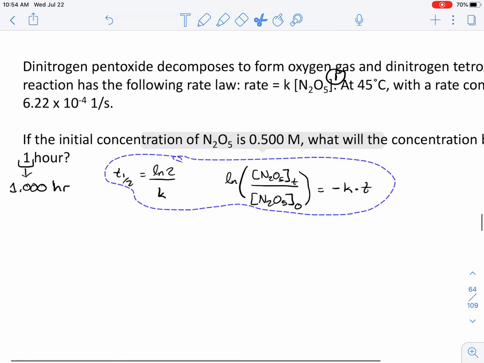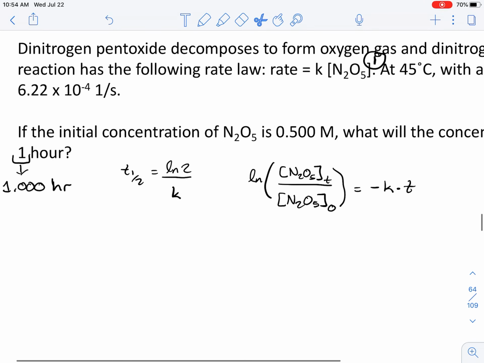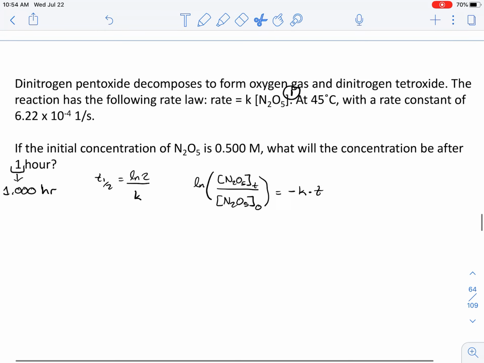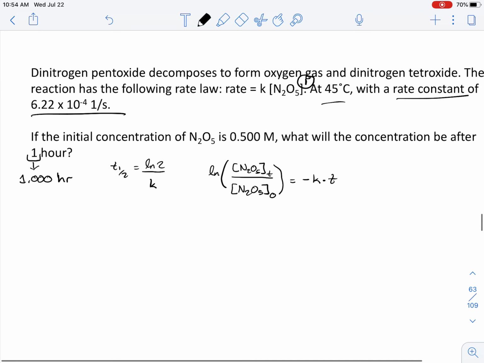Okay. So now that the equations for first order are written down, I'm going to go ahead and list out all the given values. And so at 45 degrees Celsius, the rate constant is this value. So in this particular problem, the rate constant K is already given to us.